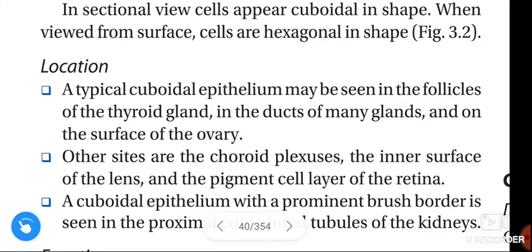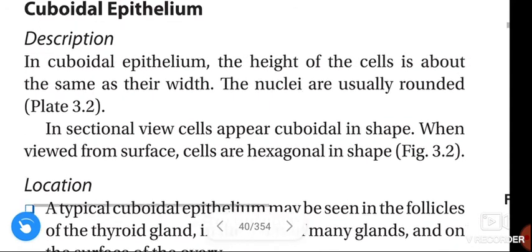In surface view it looks hexagonal in shape, and the examples where it is mainly present are thyroid follicle and the duct of salivary gland. The main function of simple cuboidal epithelium is secretory and absorptive functions.